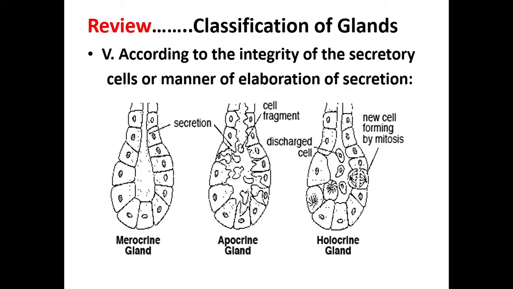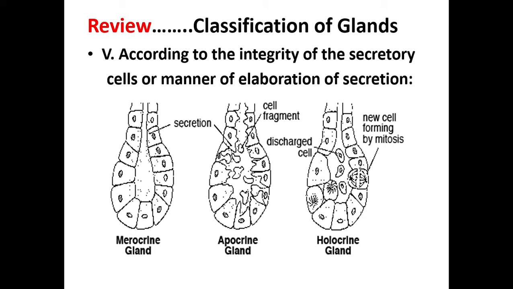The fifth classification is according to the integrity of the secretory cells or manner of elaboration of secretion. So we have the merocrine gland, the apocrine gland, and the holocrine gland.